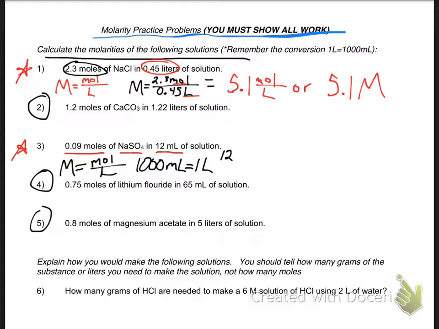So I'll do 12 milliliters divided by 1,000, and I get 0.012. And now that's liters. Okay, so now I can solve for molarity and just plug it all in. I'm just going to erase something so I have a little bit more space.